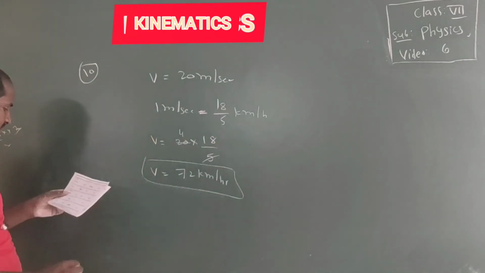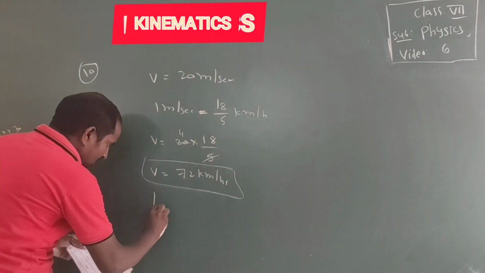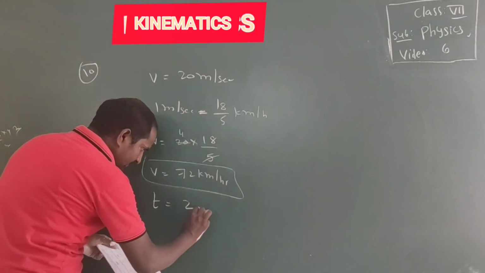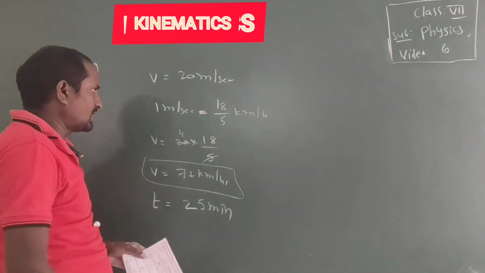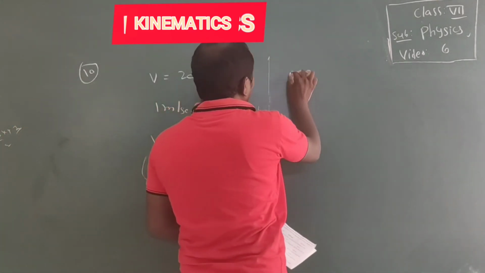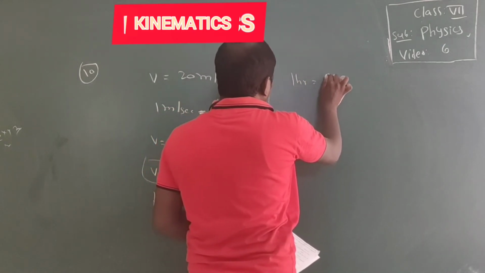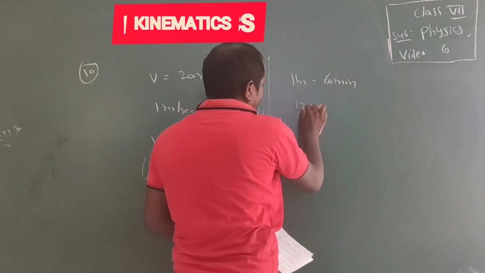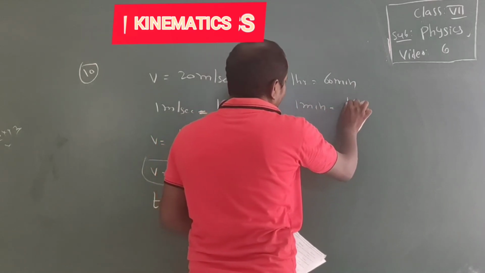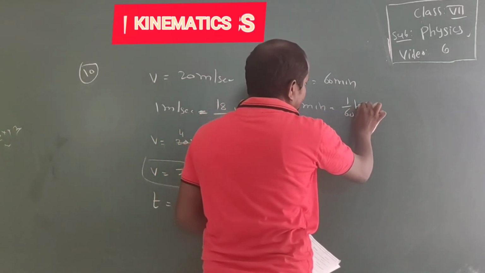Okay. Next one, time is given. T is given, that is 25 minutes. Convert into hours. So we know that 1 hour equal to 60 minutes. At the same time, 1 minute equal to 1 by 60 hours.